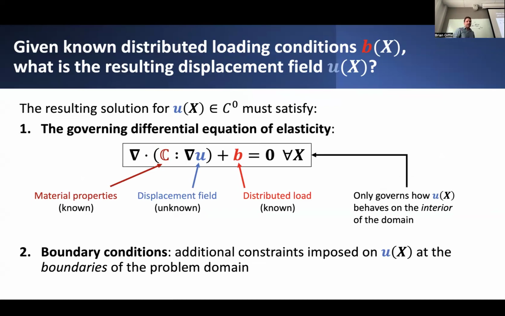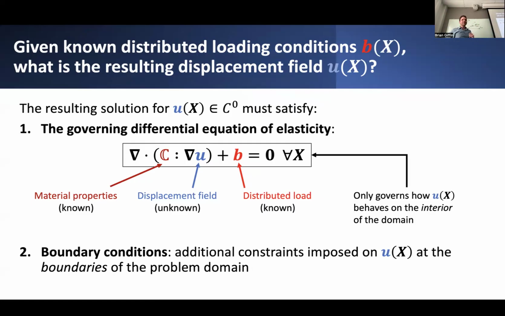First of all, these equations are really not the end of the story. Certainly, we can express everything in terms of this one governing differential equation, which tells us how the displacements relate to strains, how the strains relate to stresses, and how those stresses are in equilibrium with the applied external loads.